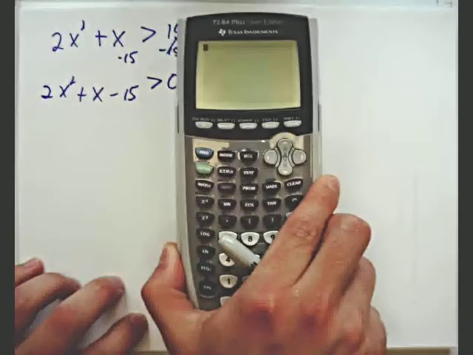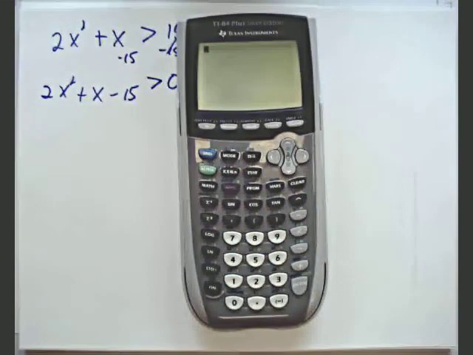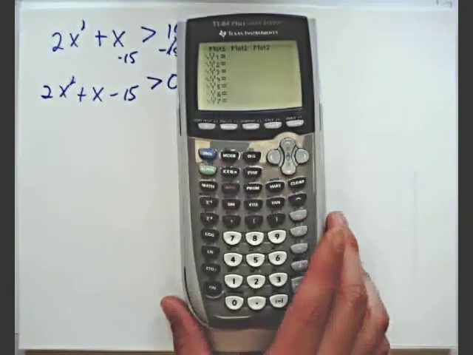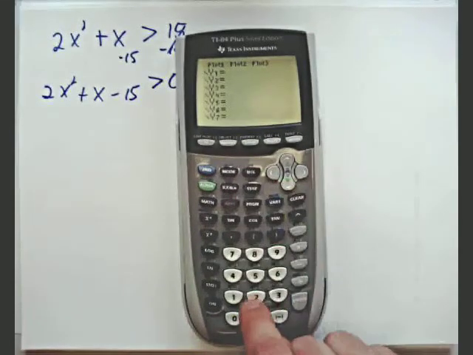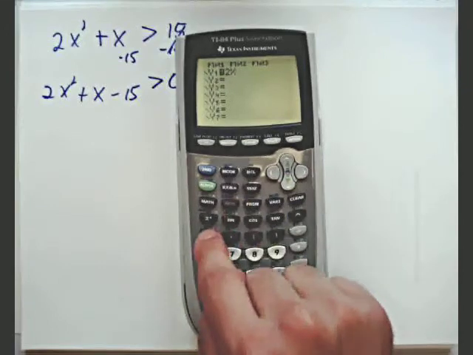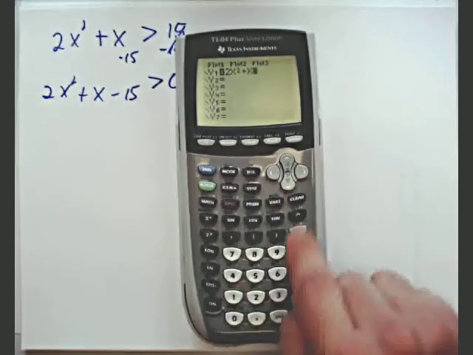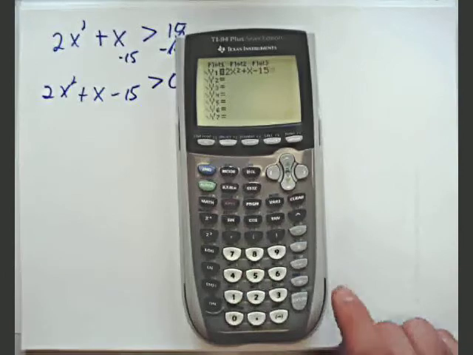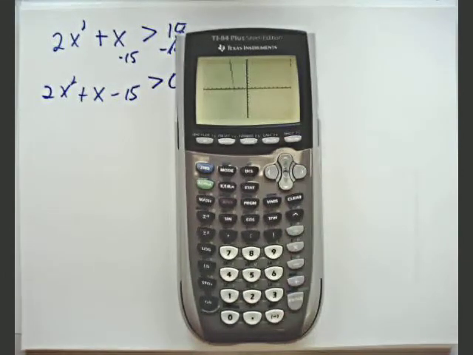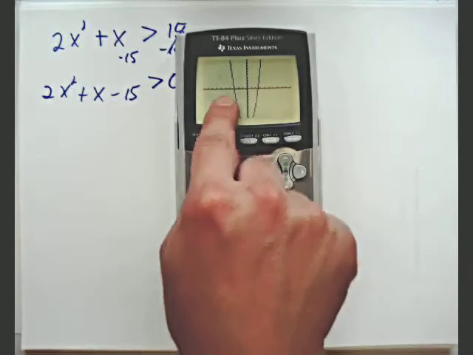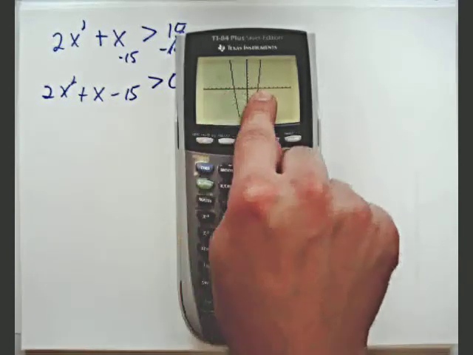On your calculator, y equals, and we want to type in 2x squared plus x minus 15 and press graph. And we can see there's 2 x-intercepts. It's an x squared, so we're expecting 2 x-intercepts. Okay, and we can see here and here.